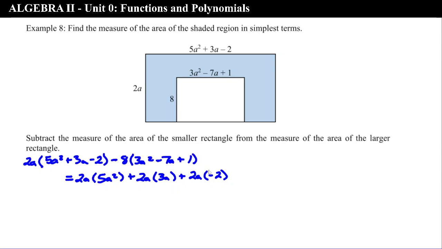Now we have a minus 8. Okay, so we're going to do plus negative 8 times our first term, which is 3a squared, plus negative 8 times our second term, which is negative 7a, and then finally negative 8 times our last term, which is just 1.